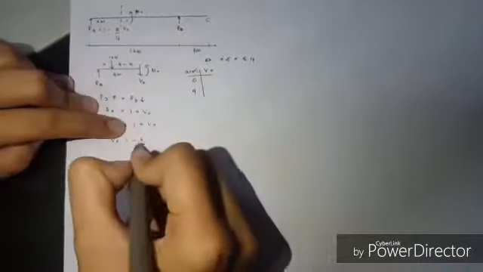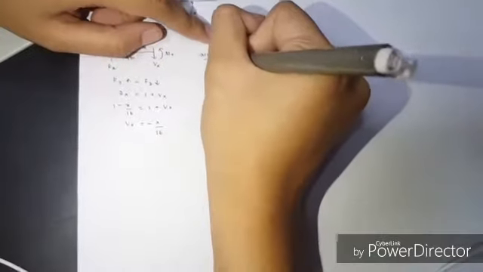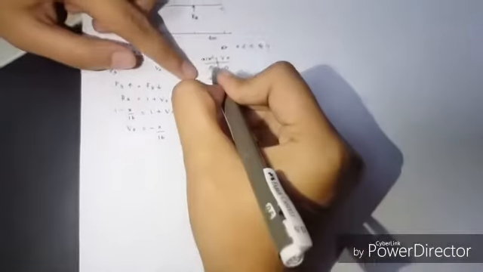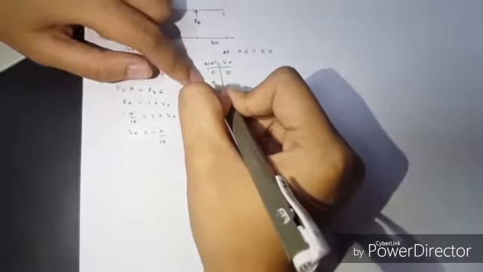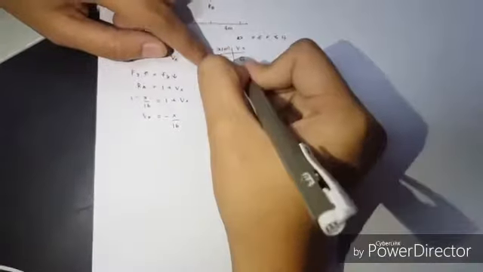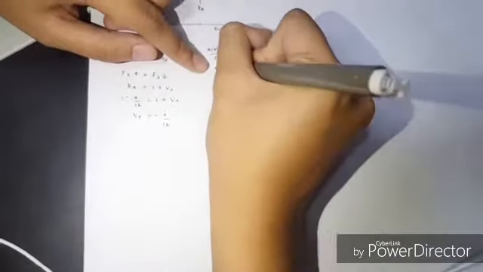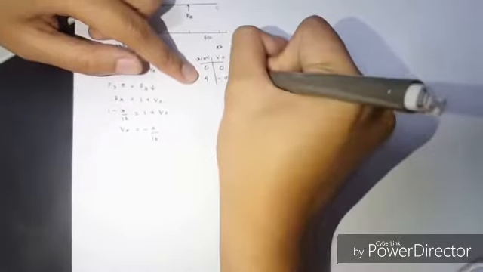Using this equation Vx equals negative x over 16, when x equals 0, we get Vx equals 0. When x equals 4, we get Vx equals negative 0.25.